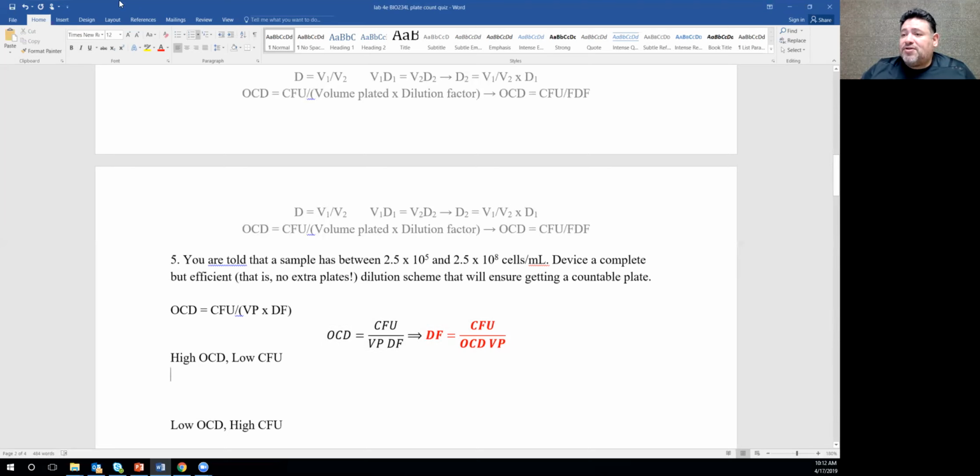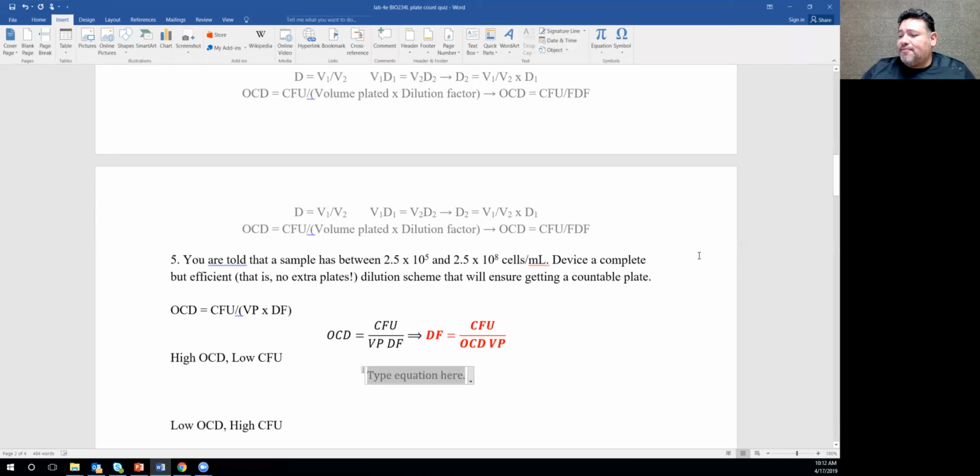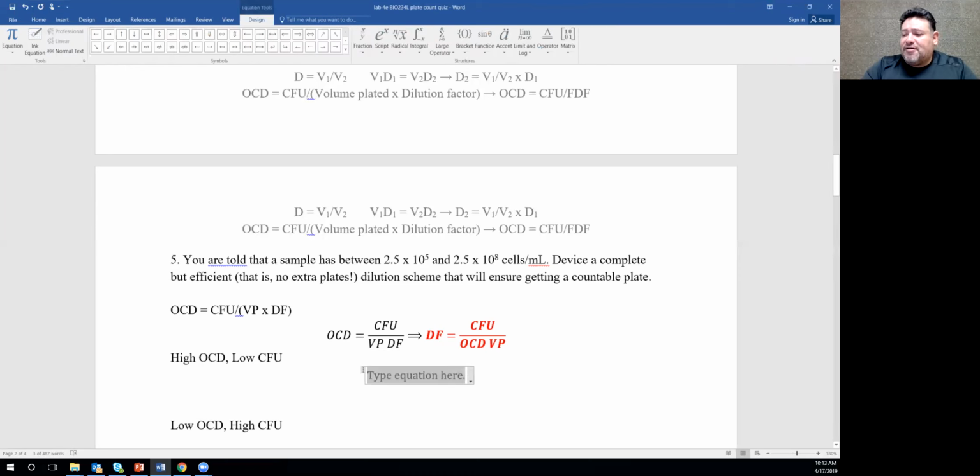So here we're going to do our equation, and you go ahead and insert. My dilution factor is equal to what? I have CFUs in the top, and here I'm supposed to go low CFU. What's low CFU? Remember, 30 to 300. 30 colonies on a plate is low colony forming units, and 300 is high. So if I go with low CFU, I want a countable plate with only 30.